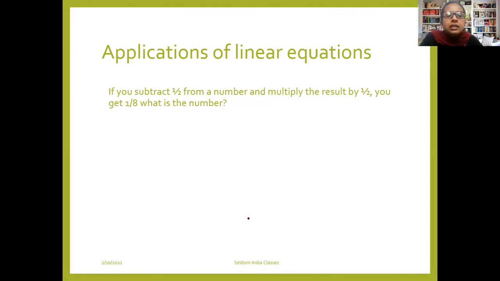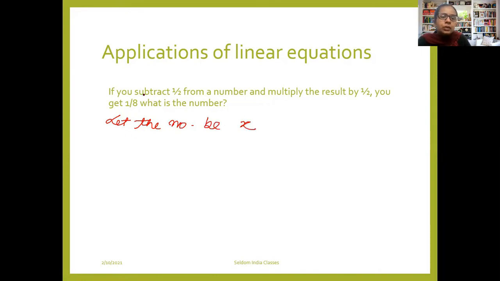So let's read the question. If you subtract half from a number and multiply the result by half, you get 1 by 8. What is the number? First, let the number be x.